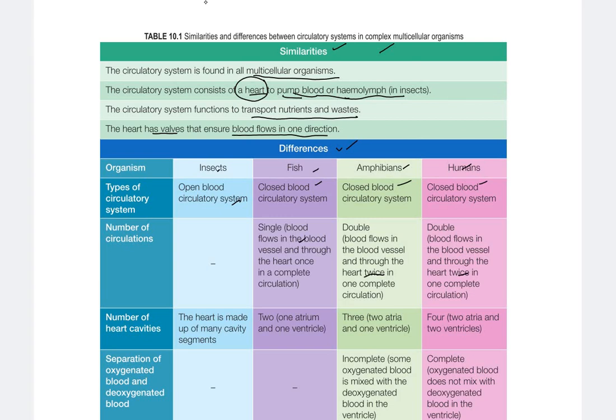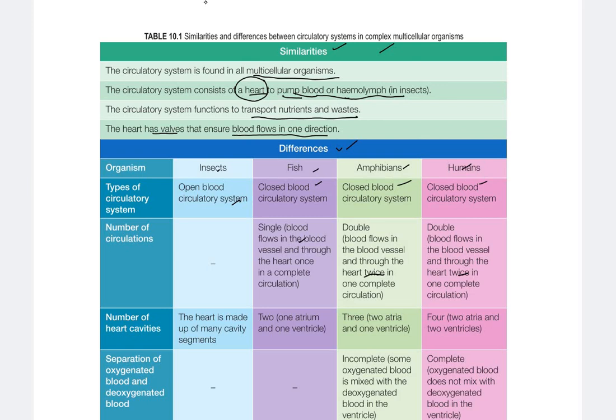For amphibians, you must remember, one from the heart to the pulmocutaneous circulation, and another from the heart to the systemic circulation. For humans, from the heart to the pulmonary circulation and the second to the systemic circulation.